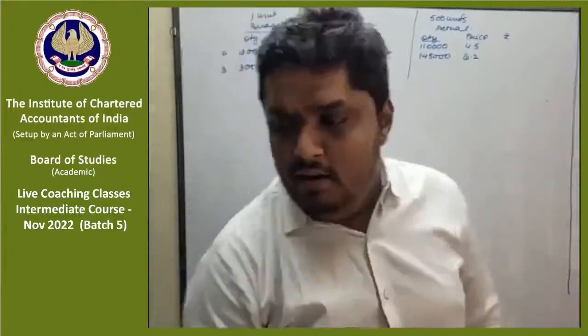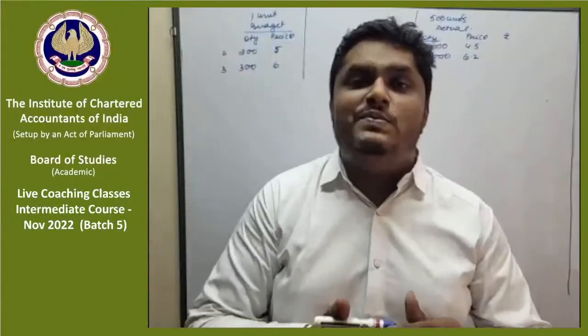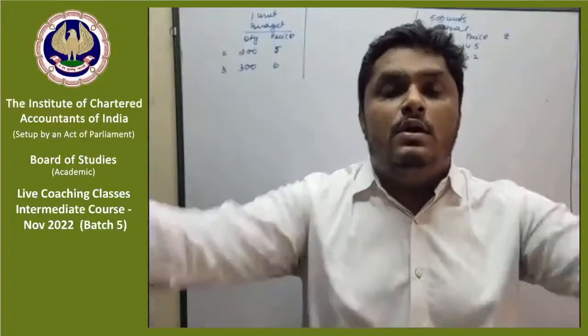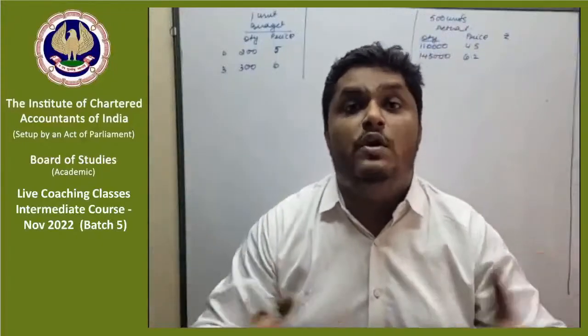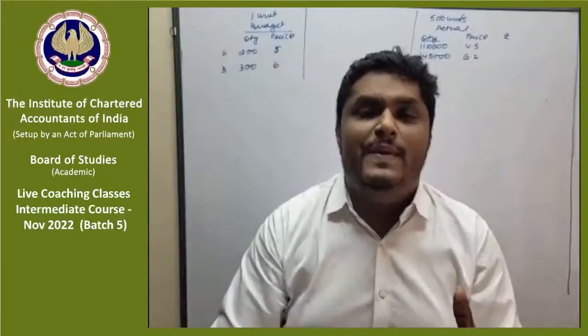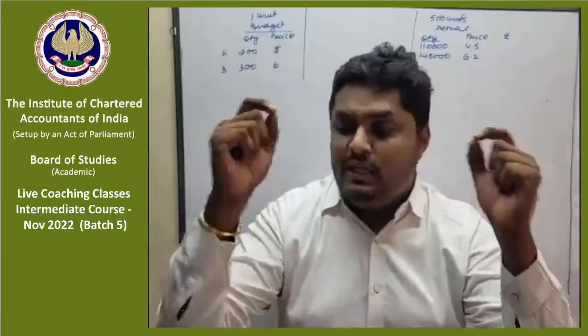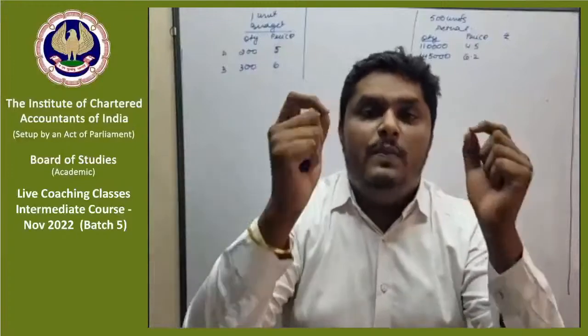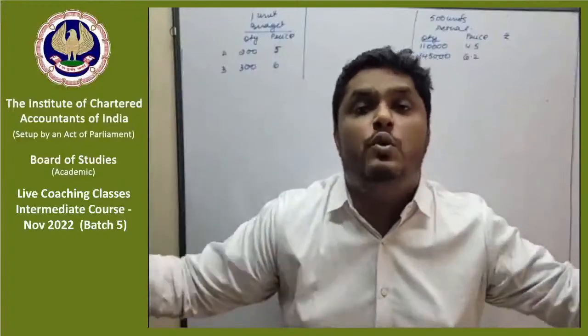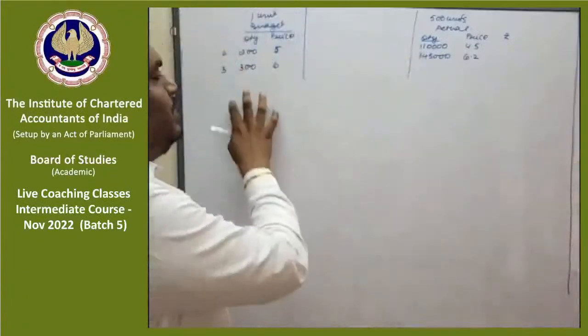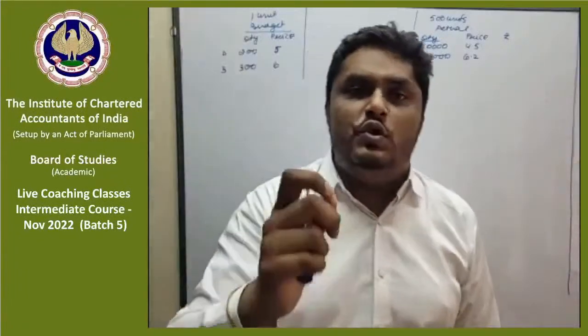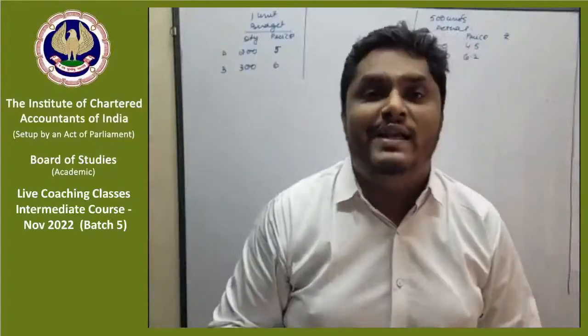So herein, few students ask me, sir, what about the normal loss? So very important, guys, in every question you will not see normal loss. The question can be like that for manufacturing 1 unit, so and so inputs are required. So it doesn't mean that the total input is 500 kgs, so the normal loss is 499 kgs.